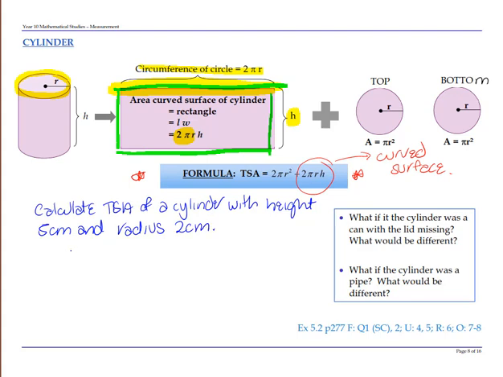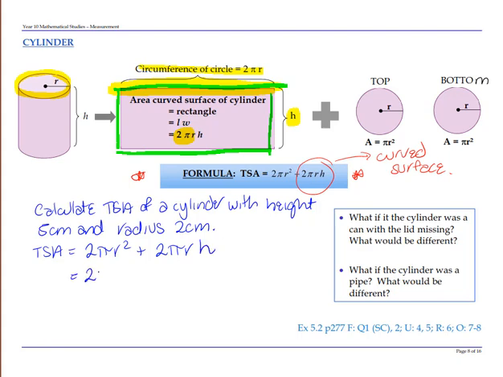Okay, so our total surface area is going to be my 2 lots of pi r squared, so my 2 circles, plus my circumference of the circle, which is 2 pi r. Remembering the circumference of a circle is 2 pi r. If you don't, that's what it is. Times the height, which would be the side of the rectangle.